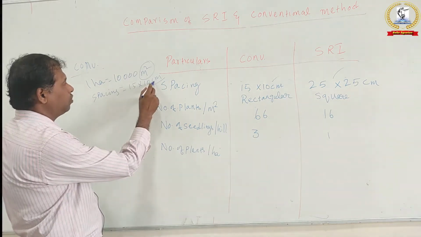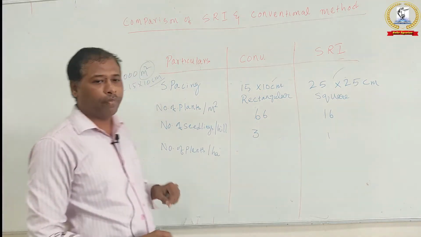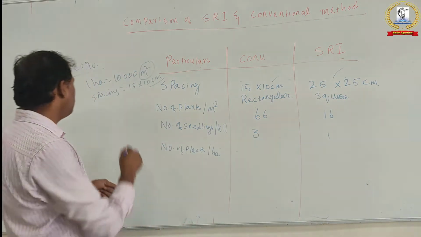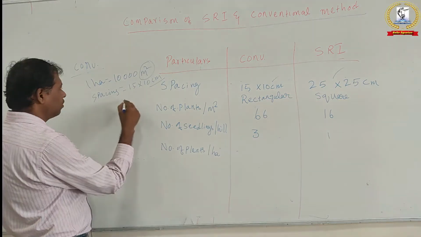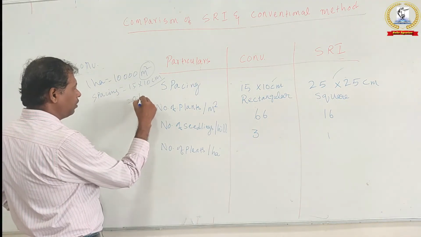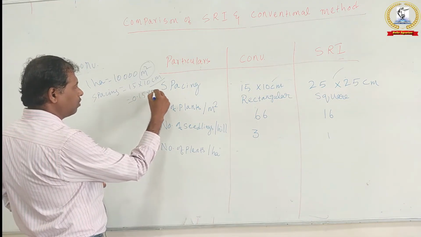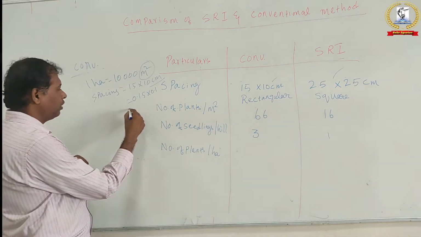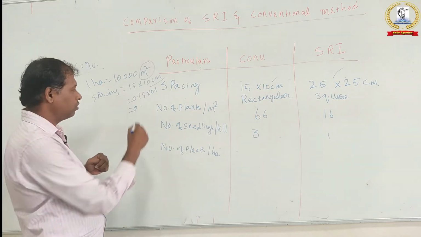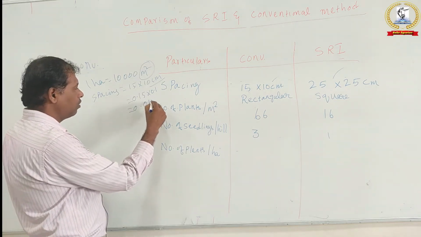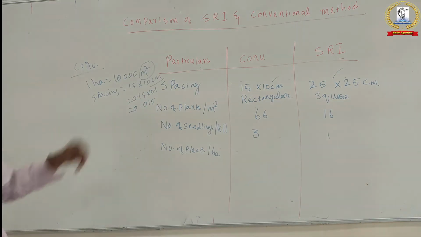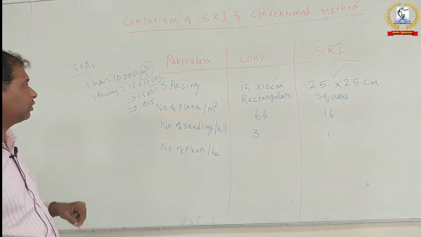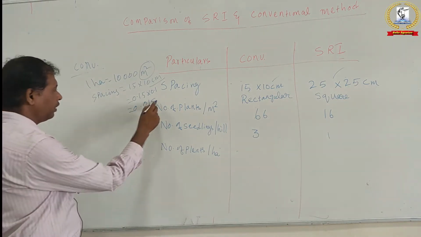So, this centimeter should be changed into meter. When we convert into meter, you see 0.15 × 0.1 meter, which comes to 0.015.